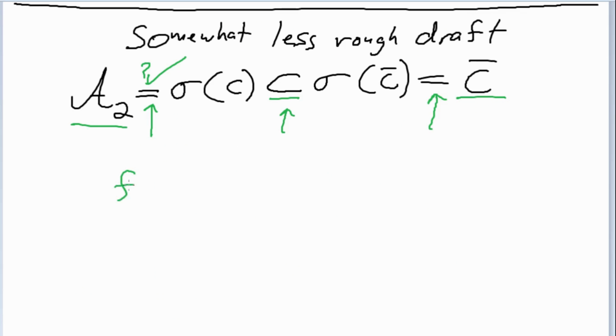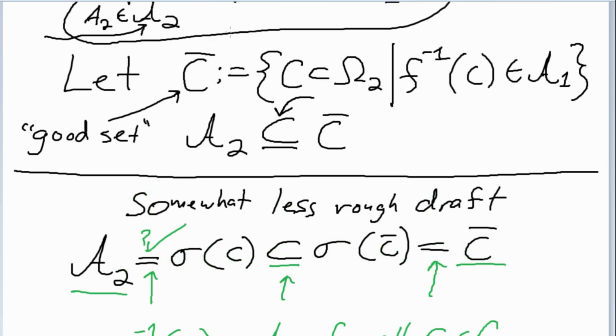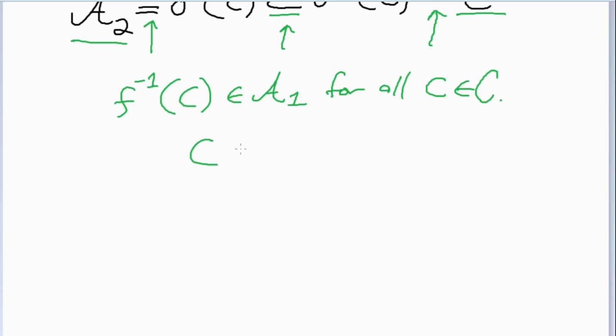We know this, that the pre-image of C is in A1 for all C in calligraphic C, right? But we also know that this set that we've defined, C bar, contains all the subsets of omega 2 for which that is the case. So it must be the case that C is a subset of C bar.